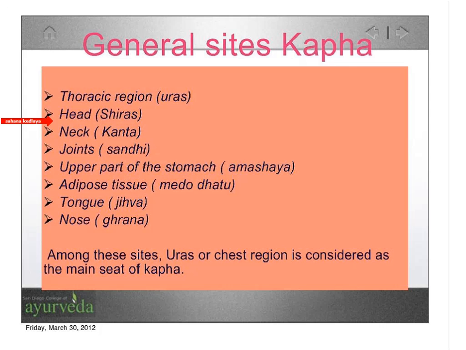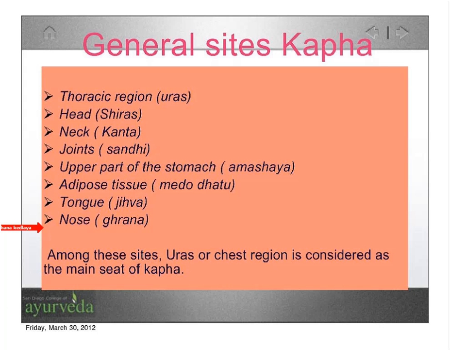Then the next site is the neck, the kantha, the throat area. The joints, the sandhi, all the major and minor joints of the body. The upper part of the stomach, the adipose tissue, that's the medo dhatu. Then the tongue, that's the jivha, and the nose, ghrana. So these are considered as the general sites of kapha.